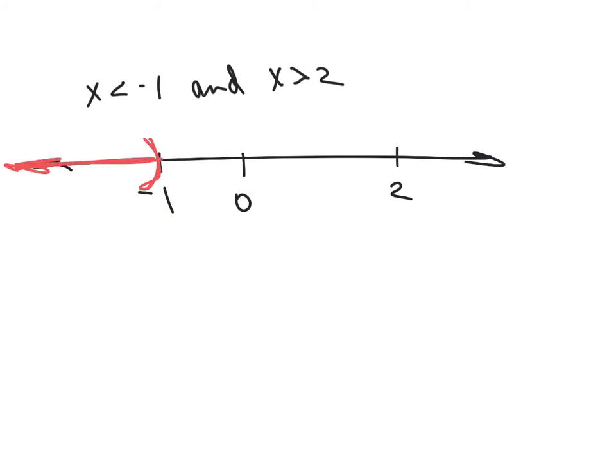And then in blue, x is greater than 2. So looking at this, does the red and the blue intersect anywhere? No. It does not intersect, which means your answer is the null set, the empty set. It does not exist. There is not a number that makes this true and this true. There are numbers that make this true or this true, but not and. So when that's the case, you get the null set.